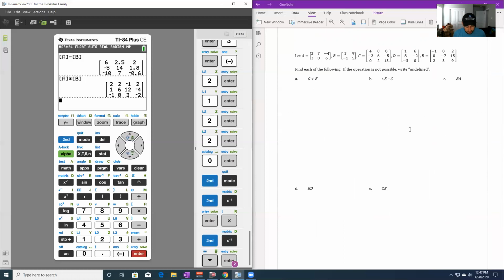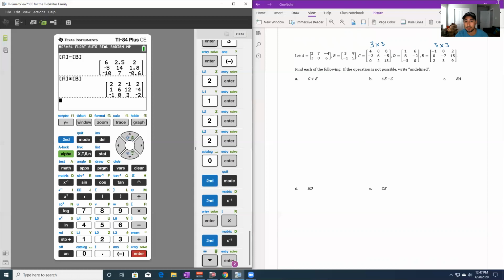Okay, so first up is matrix C plus matrix E. Well, I'll write the dimensions up here. Matrix C is a 3 by 3. Matrix E is a 3 by 3, which means we can definitely add them together.